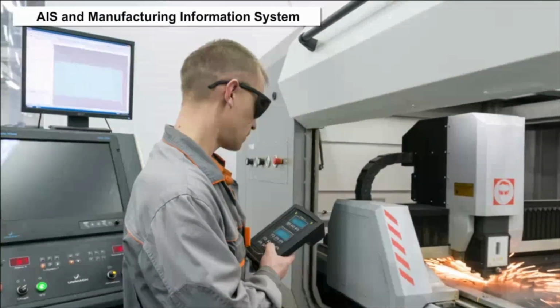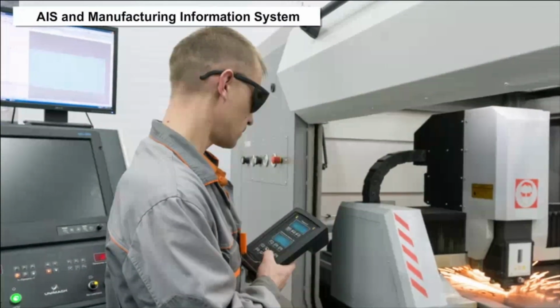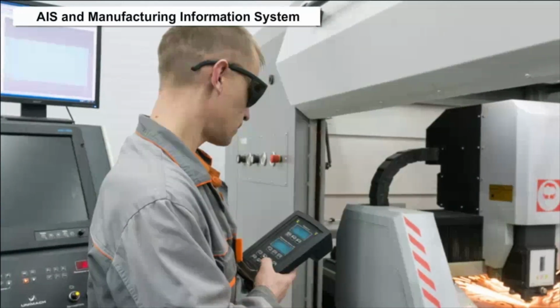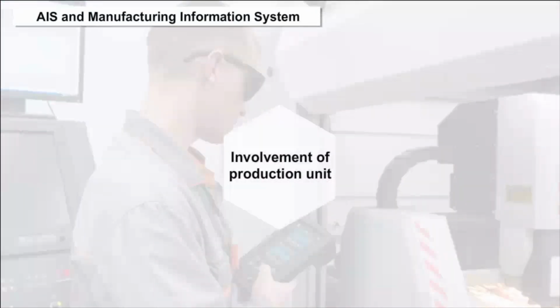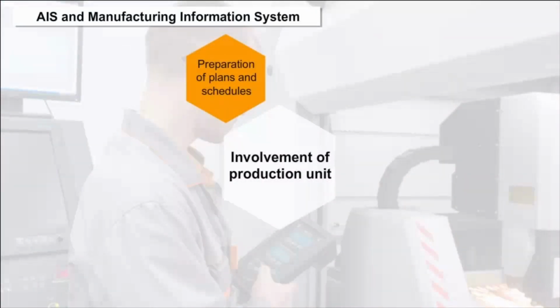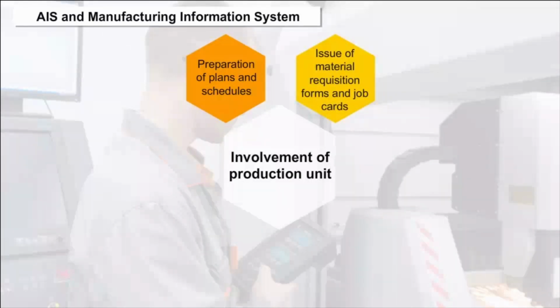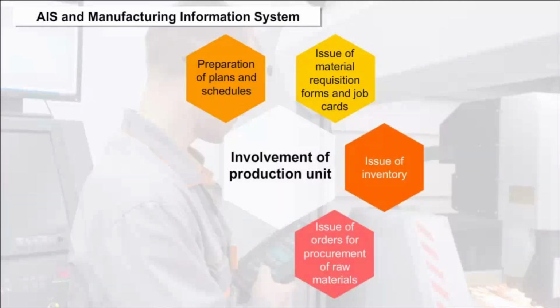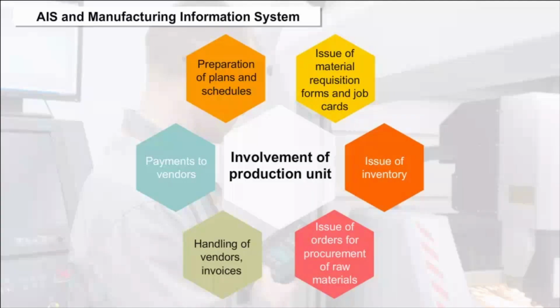AIS and Manufacturing Information System. A production unit may involve the following activities: preparation of plans and schedules, issue of material requisition forms and job cards, issue of inventory, issue of orders for procurement of raw materials, handling of vendors' invoices, payments to vendors.